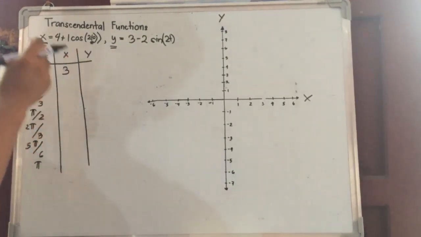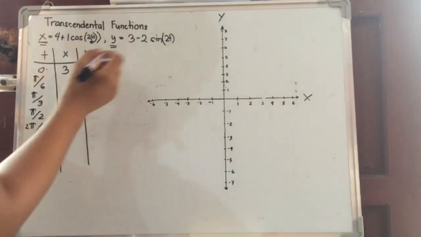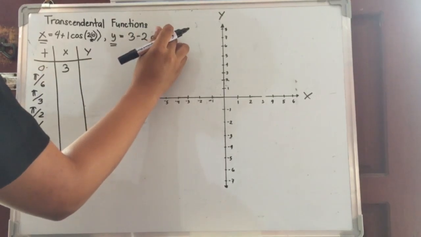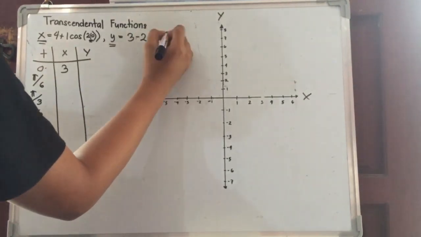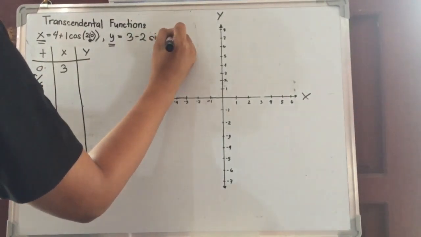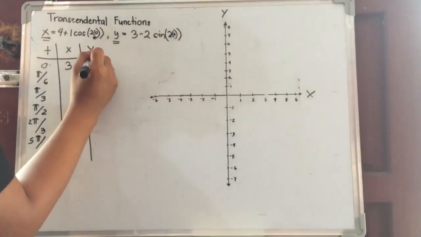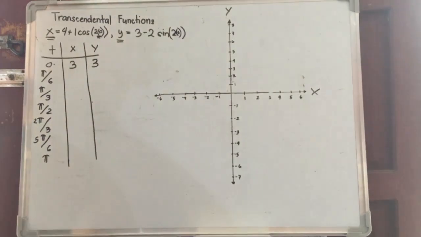And then if we want to solve for y, we substitute the value of 0 into this t and then solve in your calculator. It will result in also 3.